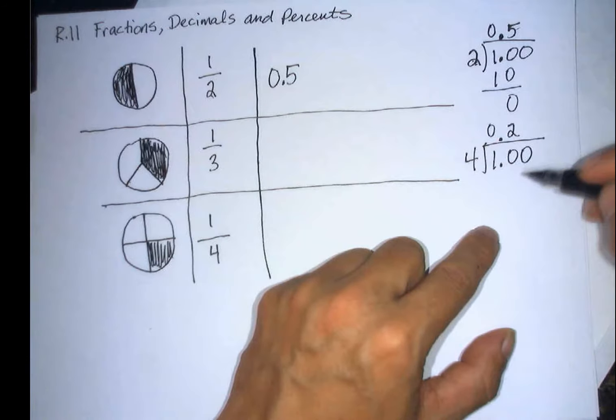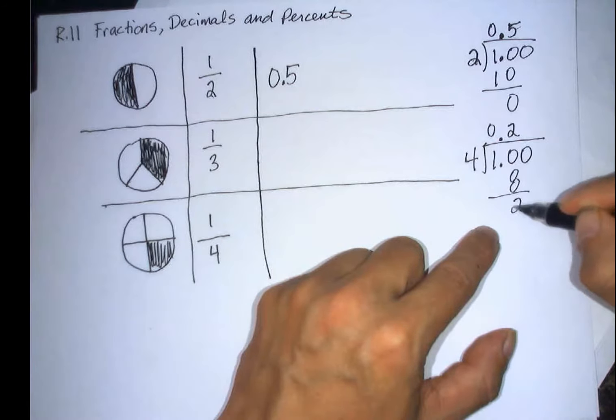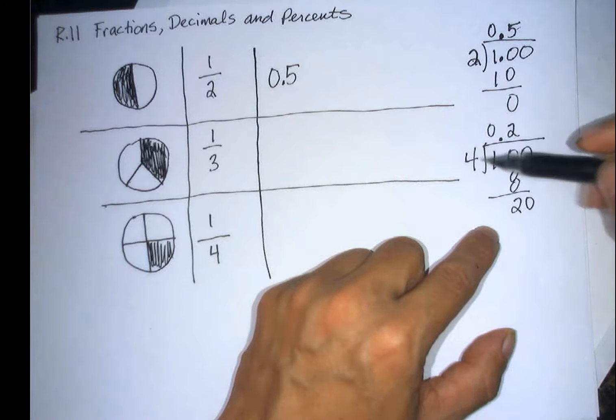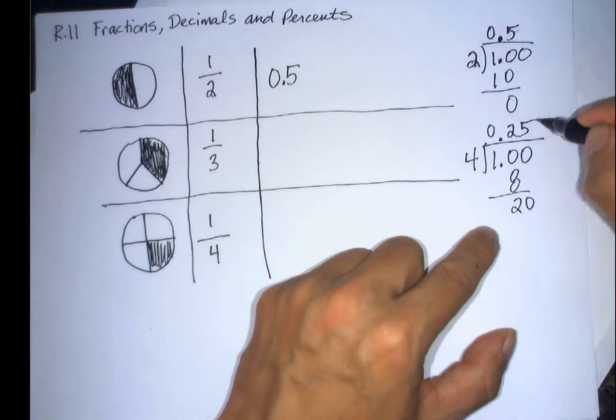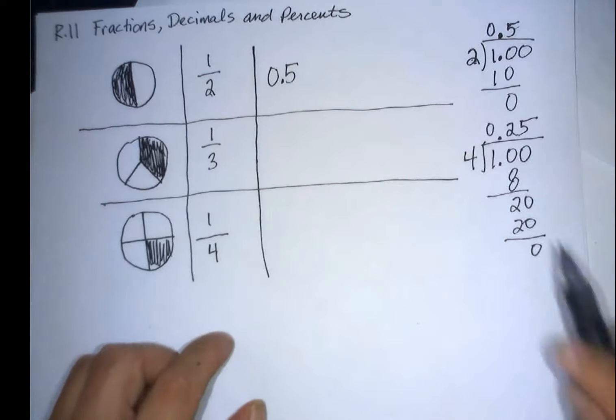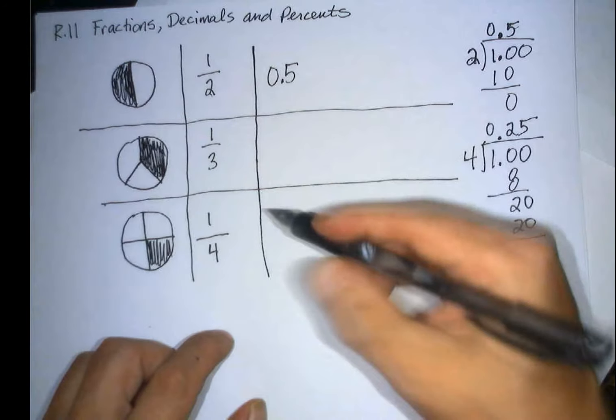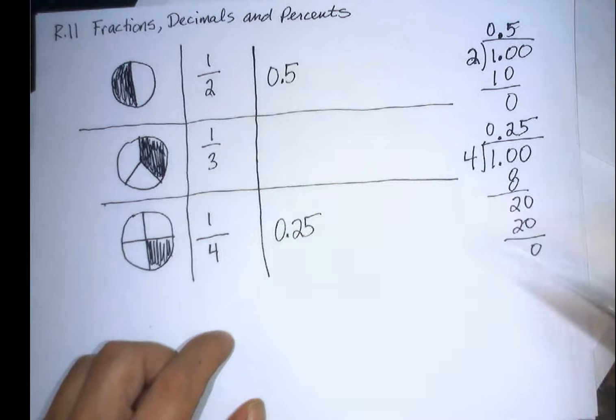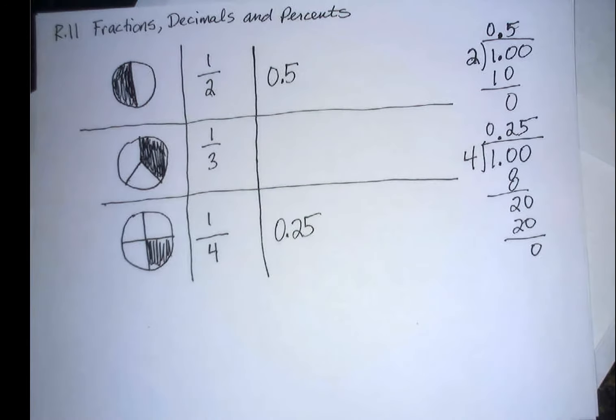And 2 times 4 is 8. 10 minus 8 is 2. So now we'll go 4 into 20. 4 goes into 20 5 times, and 5 times 4 is 20, and we have no remainder. So we can see that this is 0.25.